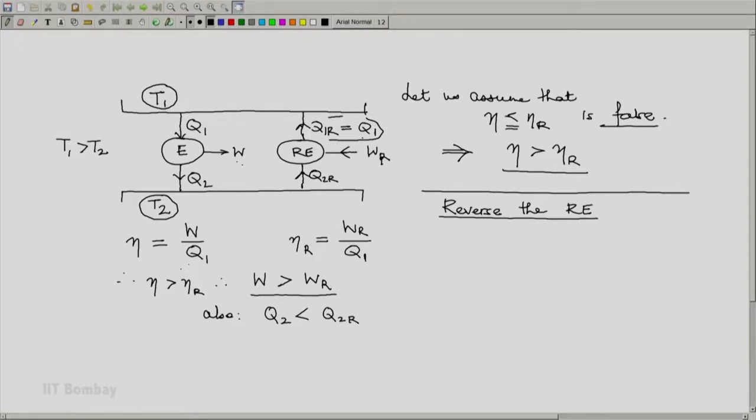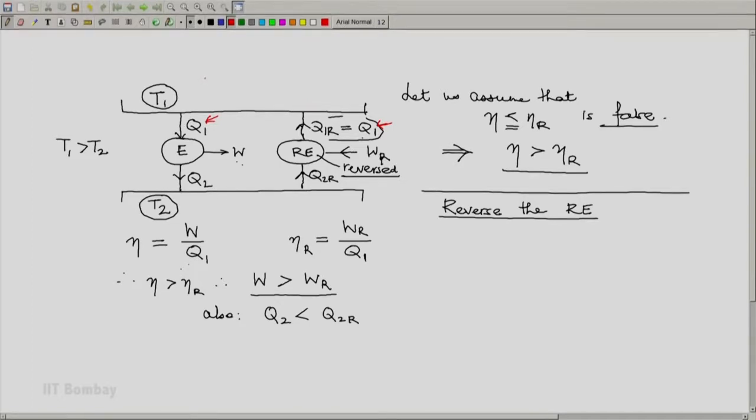So, this is RE reversed as shown now. Let us now notice that the reservoir at T1 absorbs heat Q1 from the reversible engine. It rejects heat Q1 to the other engine E. Consequently, the reservoir at T1 does not really interact, it only anchors the temperature at T1.